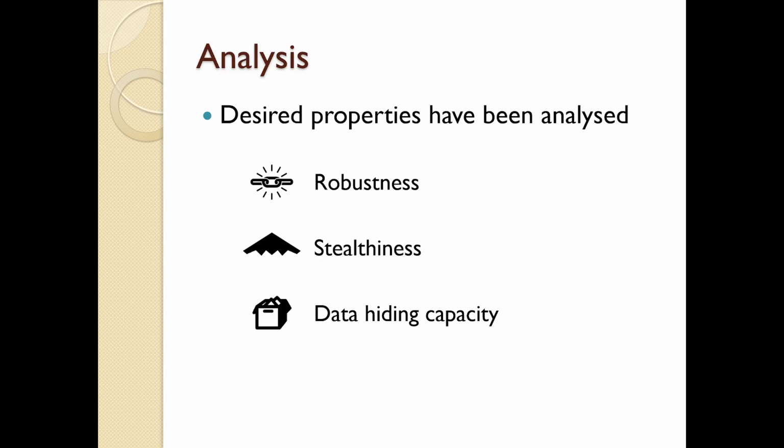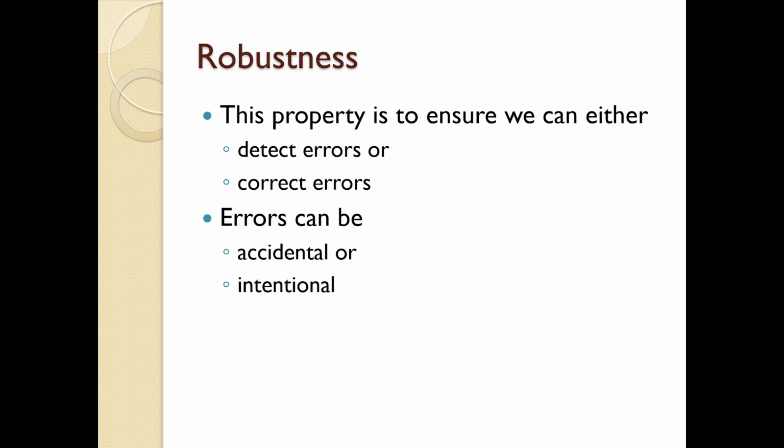In our analysis, we evaluated 3 common properties: robustness, stealthiness, and data hiding capacity. Robustness is about ensuring we can detect errors and/or correct errors. Errors obviously can be accidental or intentional.